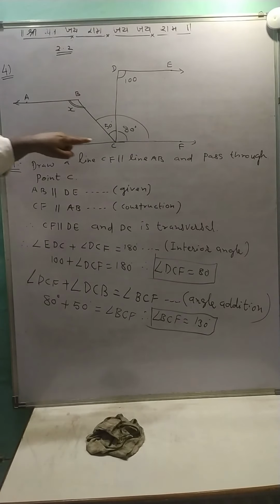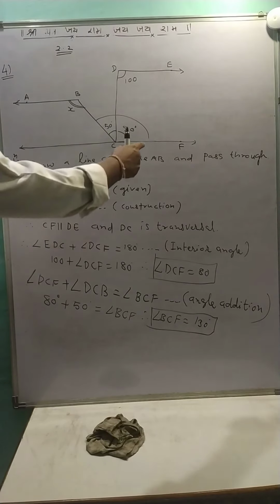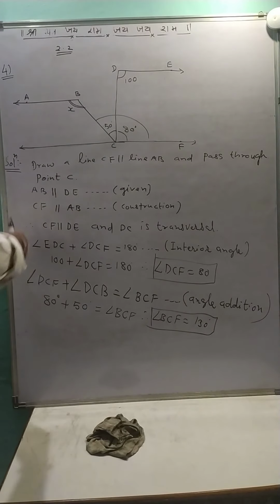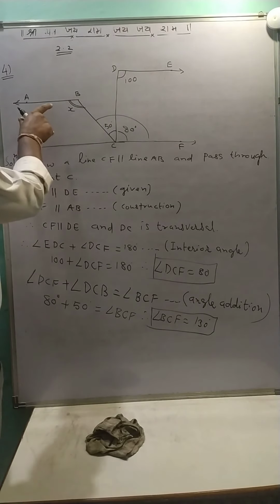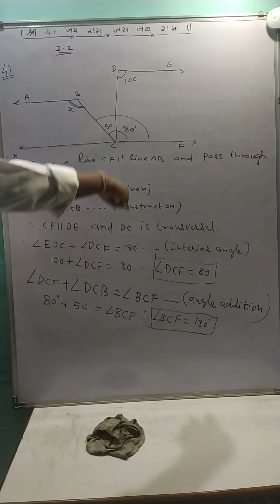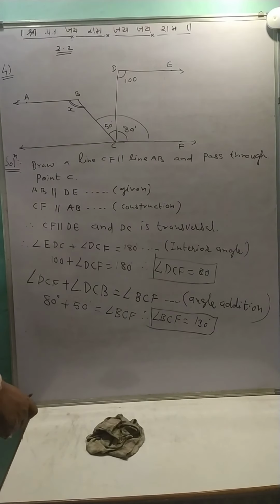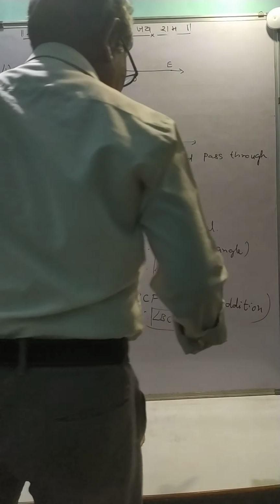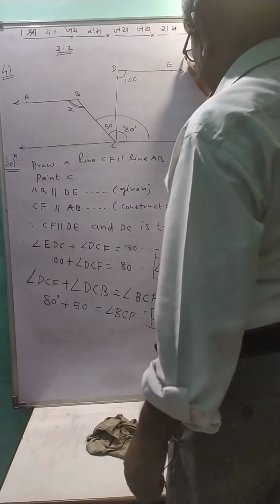Now AB is parallel to DE and CF is parallel to AB by the construction. So AB is parallel to CF and BC is the transversal.